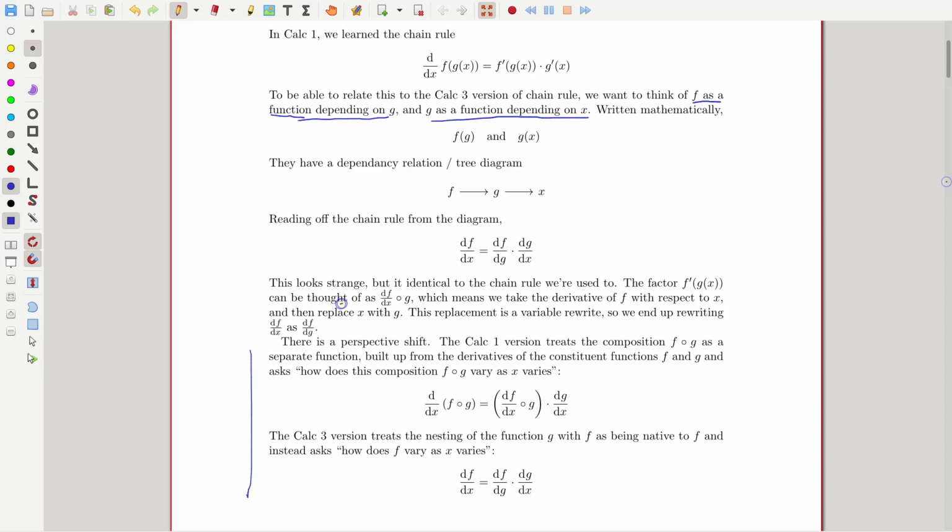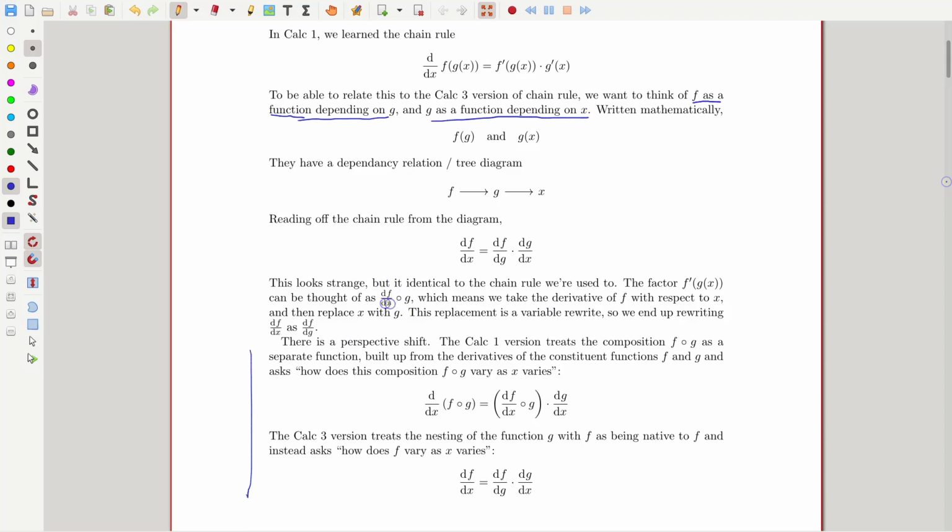And then here I'm just making an argument of why this actually makes sense. I'm relating why df dg is actually this composition. The idea is that this sub-expression, f prime of g of x, is you're taking the derivative of f with respect to x, and then you're plugging in g, or composing with g, which ends up being this. But composition actually is a variable rewrite.